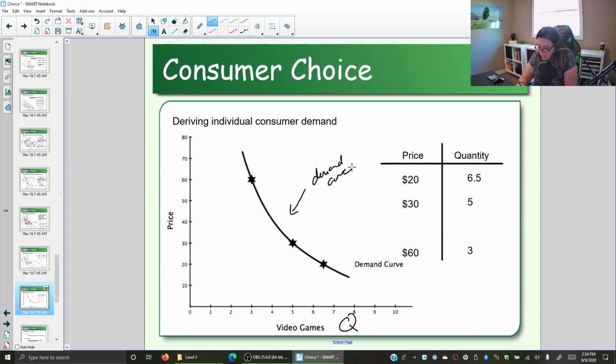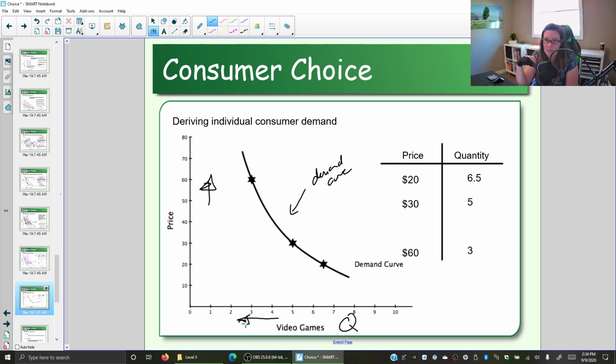It shows that as the price of video games went up, the amount of video games we were willing and able to buy went down. And that's because of a couple things. The more expensive the video games are, we can't afford as many. And we aren't willing to buy as many. That is our preference, how much we like the video games.